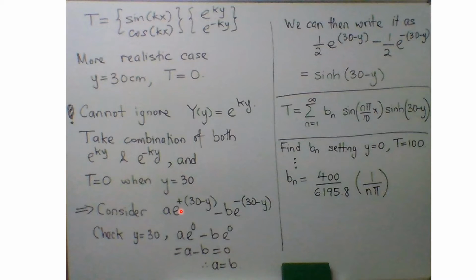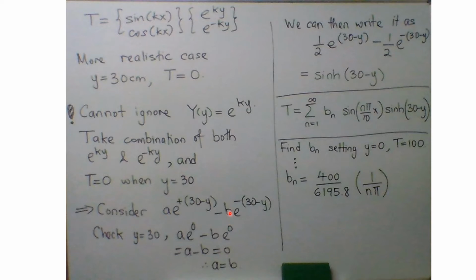Now if I put y equals 30, I get exponential 0, which is 1, and the same for this term. Therefore at the end I have A minus B equals 0, so A equals B. So from this form we know that this fulfills the boundary condition, provided that A is equal to B.